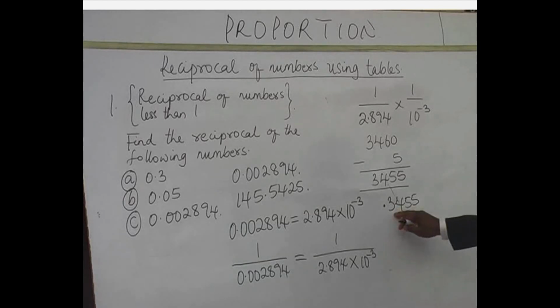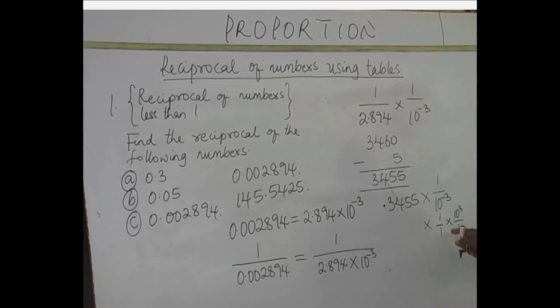Now we have this. So what we're going to do now is multiply this value by 1 all over 10 exponent minus 3. What this means is, I want to simplify this, it is 1 all over 1 times 10 exponent 3 all over 1.